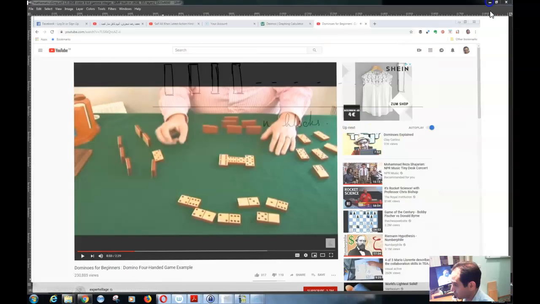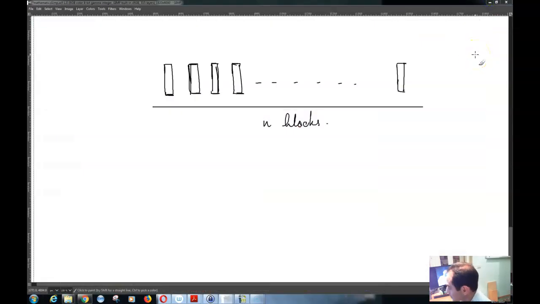Okay, I don't think that's actually the exact name of the game, but there is a game where you have to put these very little blocks of wood, or some other material, one after the other, usually in a long succession.